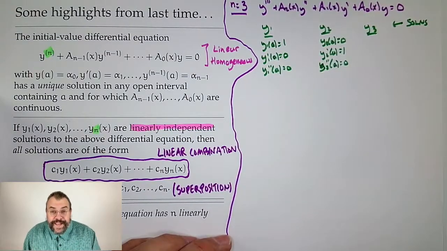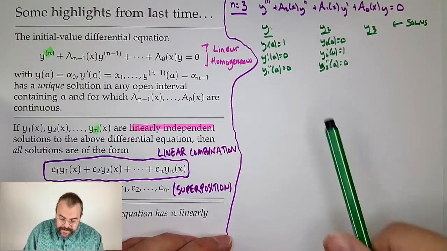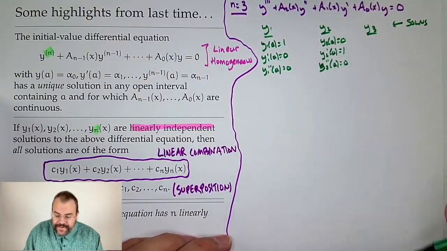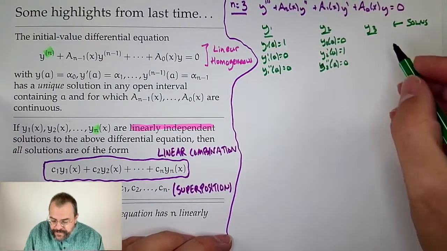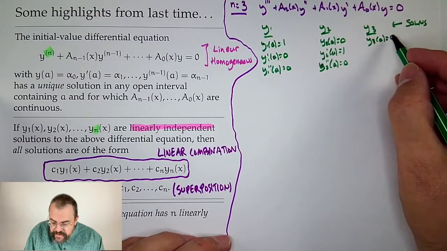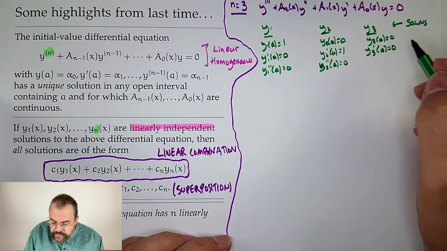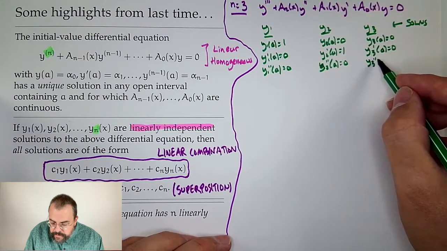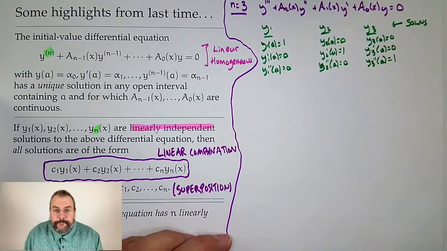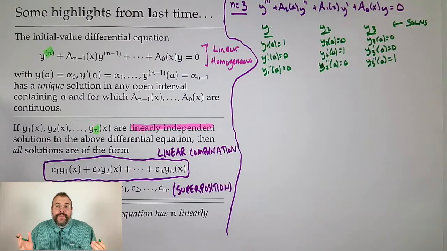And you can probably guess what's going to happen with y3. Yeah, 0, 0, 1, exactly. So y3 of a is 0, y3 prime of a is 0, and y3 double prime of a is 1. There we go. Now the claim is these are linearly independent.